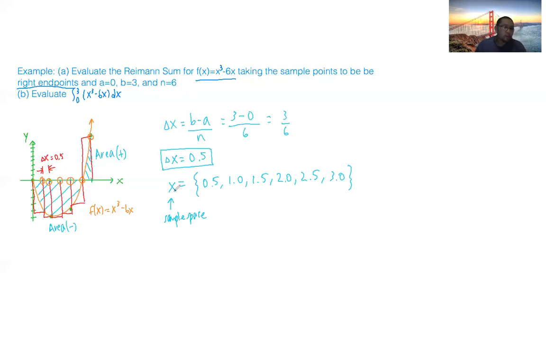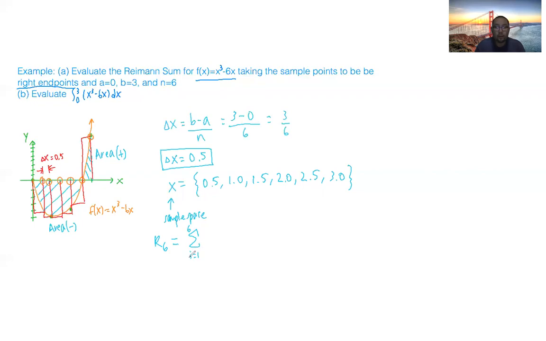All right. So if we are trying to approximate the area under the curve based on these subintervals, these rectangles, we can approximate the Riemann sum of these 6 subintervals and calculate that as the summation from 1 to 6, because we have 6 subintervals.